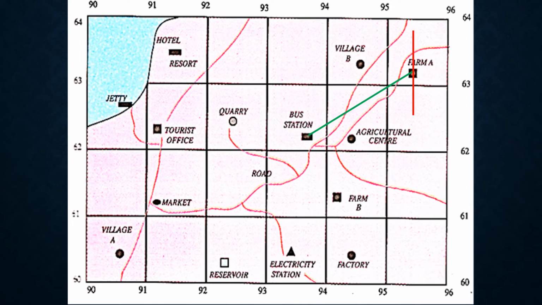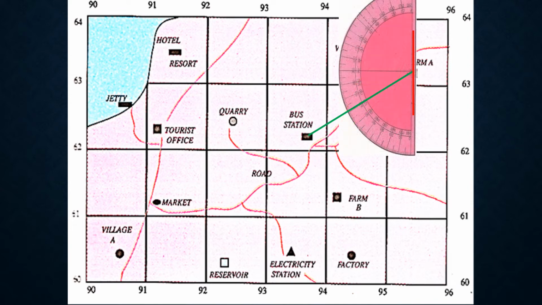So we connected farm A to the bus station by a straight line. Then we're going to put our protractor right here. Now looking carefully, I can see that our line has passed right through 61 degrees.